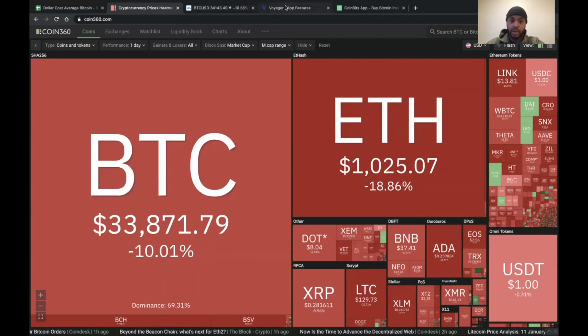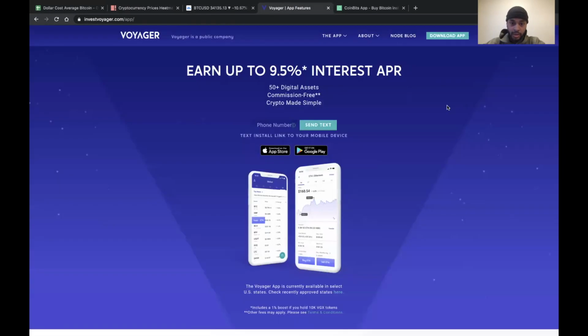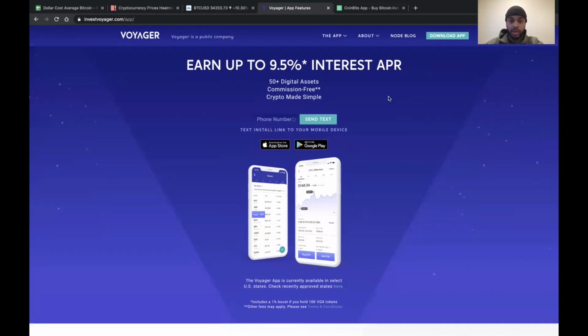And this is the website that I'm using to average in. I'm using this to do $100 a week simply because it's simple. I'm not really a fan of Coinbase. Voyager is new to me. I don't know too much about it, but they're a public company. Seems like a good Coinbase alternative.